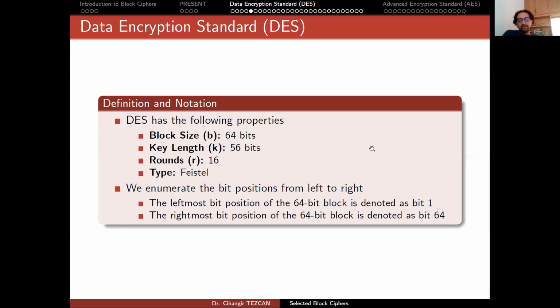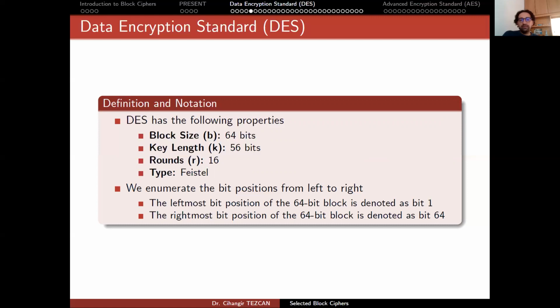One problem with the implementation of this kind of algorithm is whether to use little endian or big endian notation. So most of the time, instead of defining this in the definitions, we just try to give a picture, and instead of saying least significant or most significant, we try to enumerate the bits from left to right or right to left.